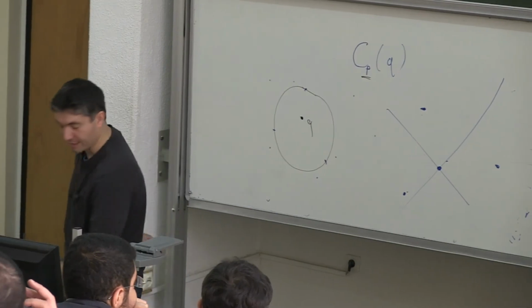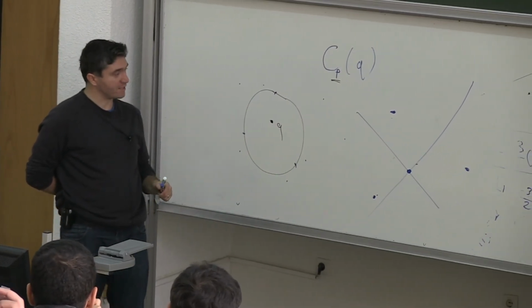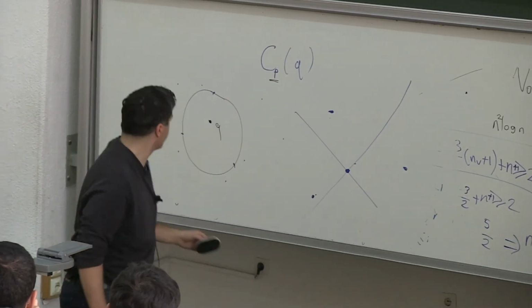There cannot be a site inside because of the definition of the largest empty circle, but there are no other sites other than these 2. So it's like this.